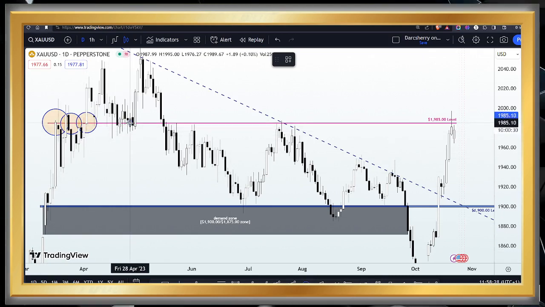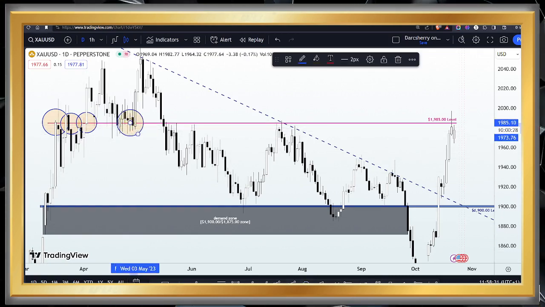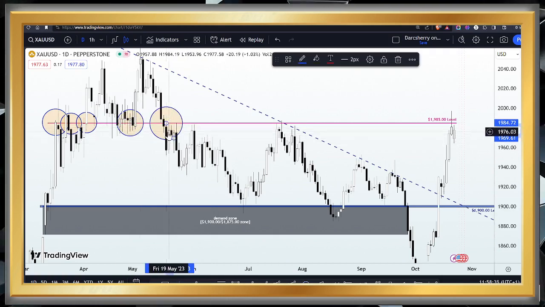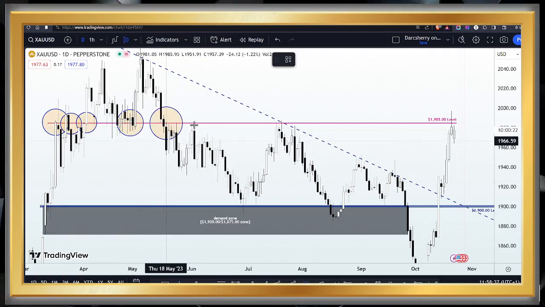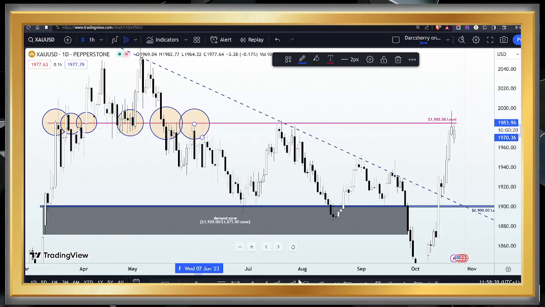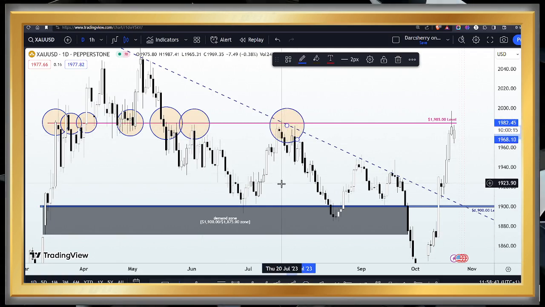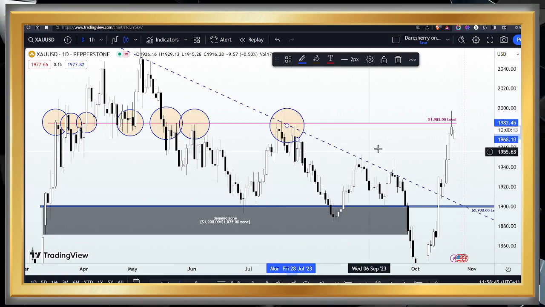Well, this lasted for about a month before price action finally broke down that level in the month of May, and since that moment price action has been trading below the 1985 area to emphasize the strength of the sellers at this point in time.